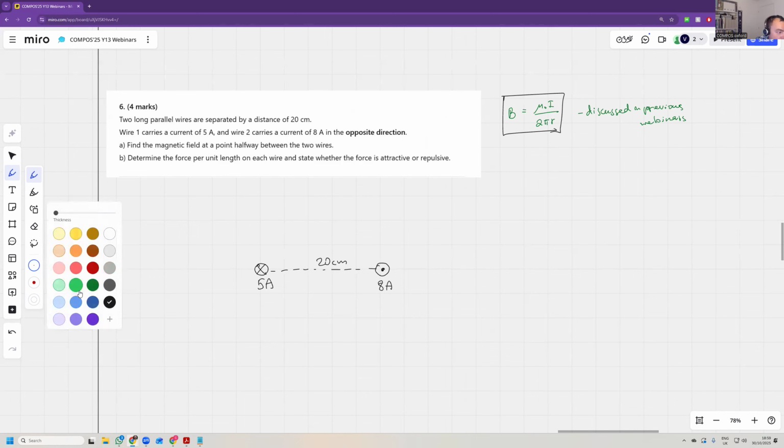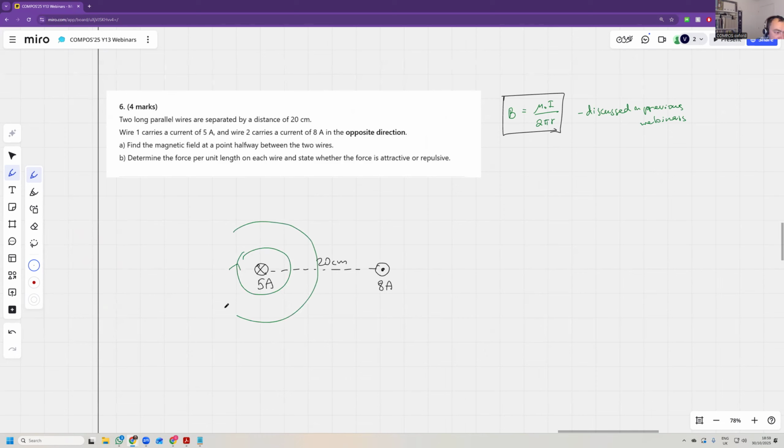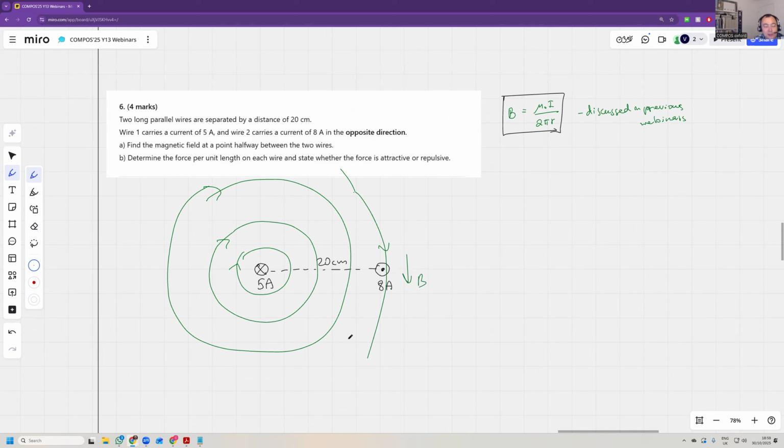Now, the first wire produces a magnetic field around it, and it's in that direction. And that means in the position of the second wire, that magnetic field is downwards. So the magnetic field of the first wire is downwards at the point where the second wire is located.